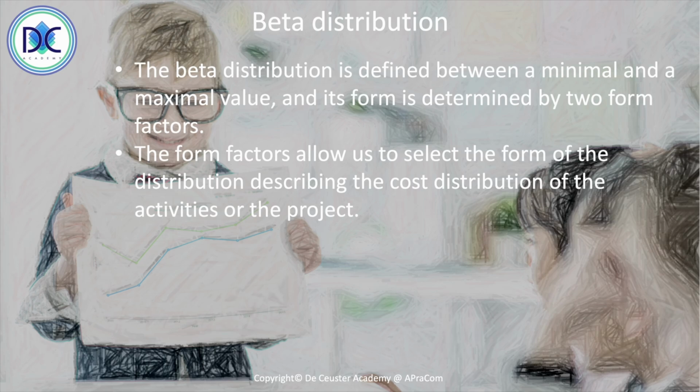Now, we can apply this on an activity, but we can also apply this on the project. Typically, when we are going to apply the 3-point estimates, we're going to apply them on the different activities. We're going to use the 3-point formulas, but we could also use the beta distribution as such to evaluate what is the best option for every one of the activities.